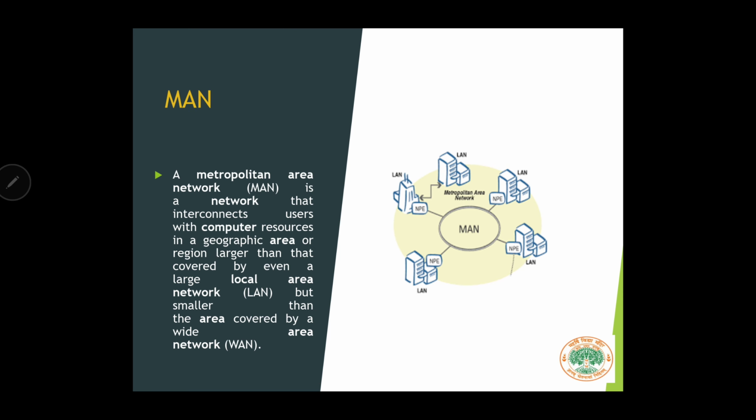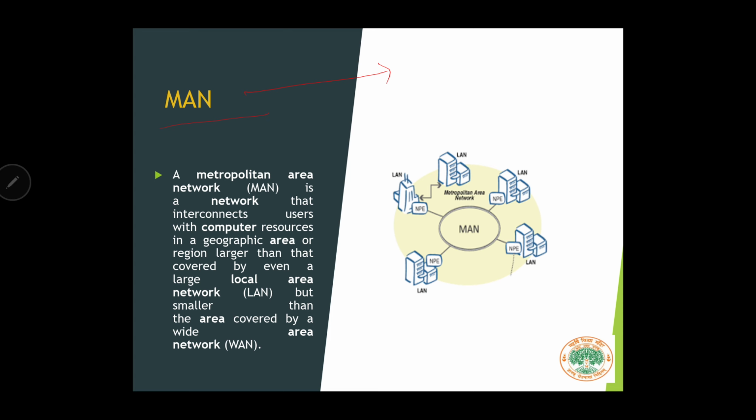Next is MAN. So a MAN is a network that interconnects users with computer networks in a geographic area or a region larger than that covered by even a large local area network, but smaller than the area covered by a wide area network. So MAN stands for Metropolitan Area Network. The range of coverage of MAN is greater as compared to LAN, and typically MAN covers a city.